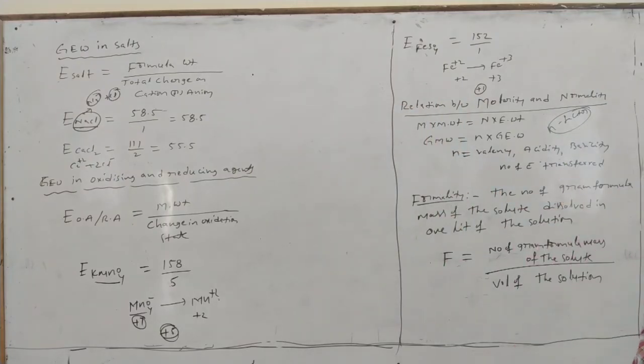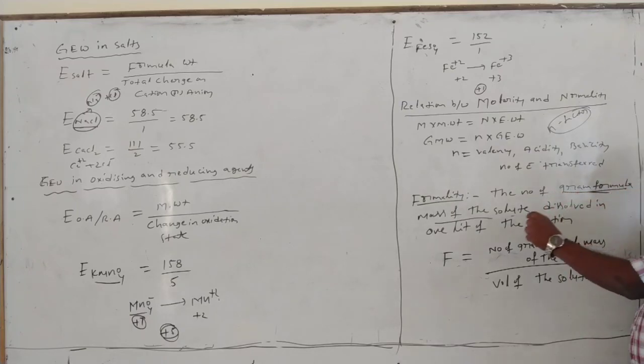Next, the last one is formality. What does formality mean? It is the number of gram formula masses of the solute. It is mostly used for salts. That is the number of gram formula masses of the solute dissolved in 1 liter of solution.